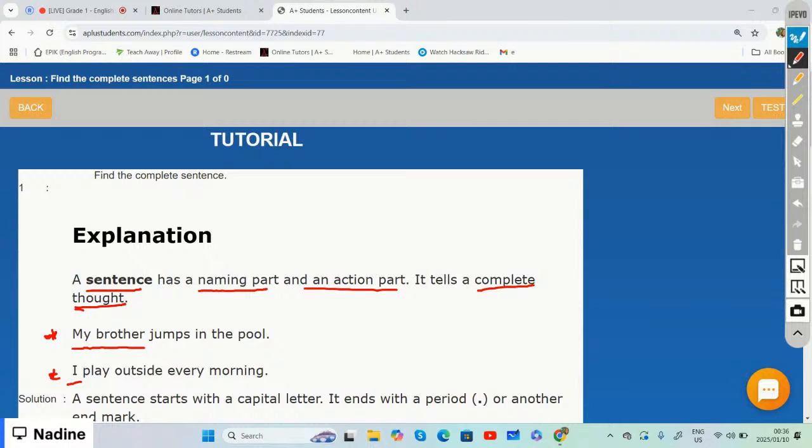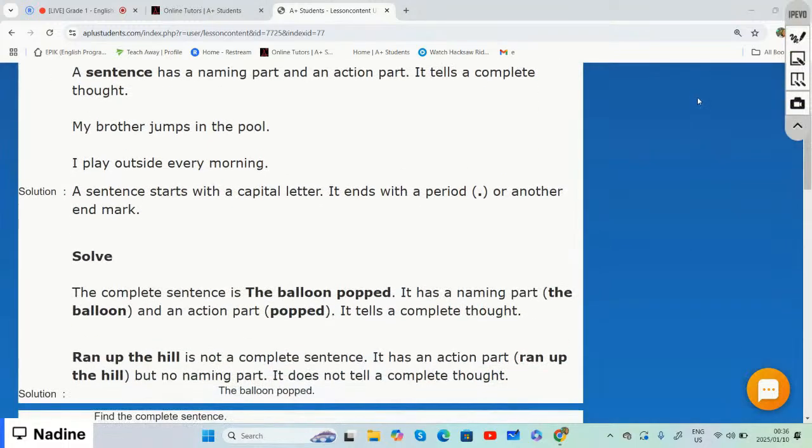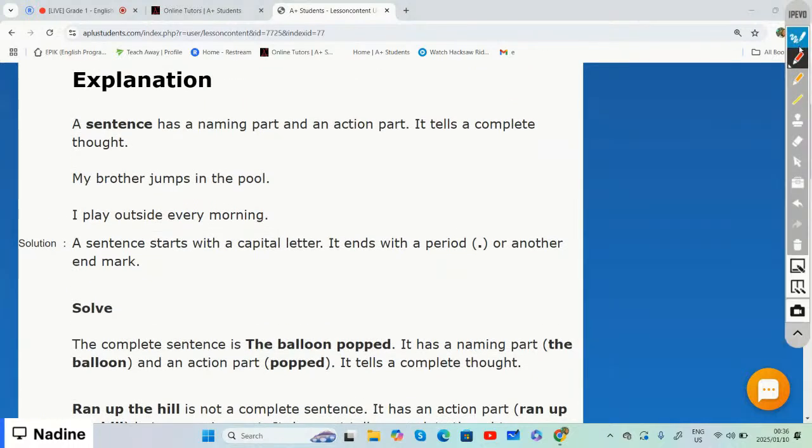And then we have an action part. The action part within the sentence tells us the action that either a person or thing does. If we look at the very same two sentences, but only identifying the action, we can say, my brother jumps in the pool.